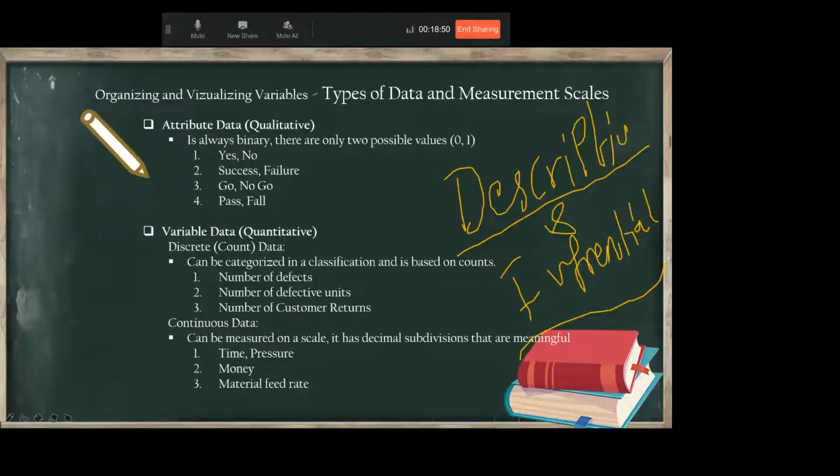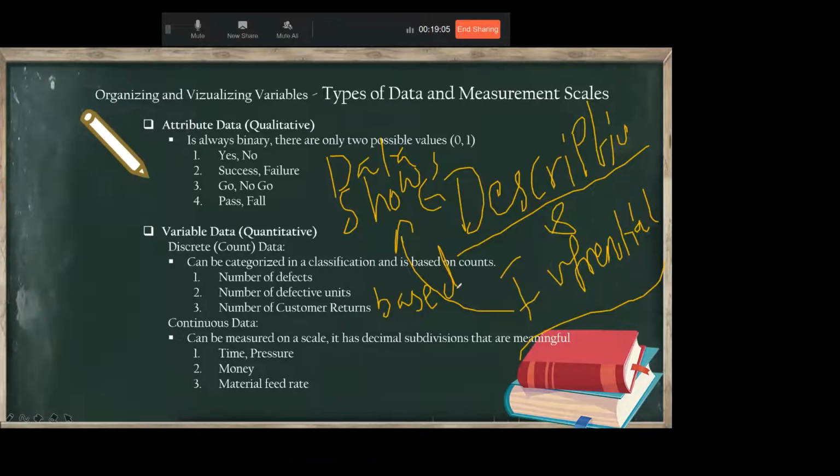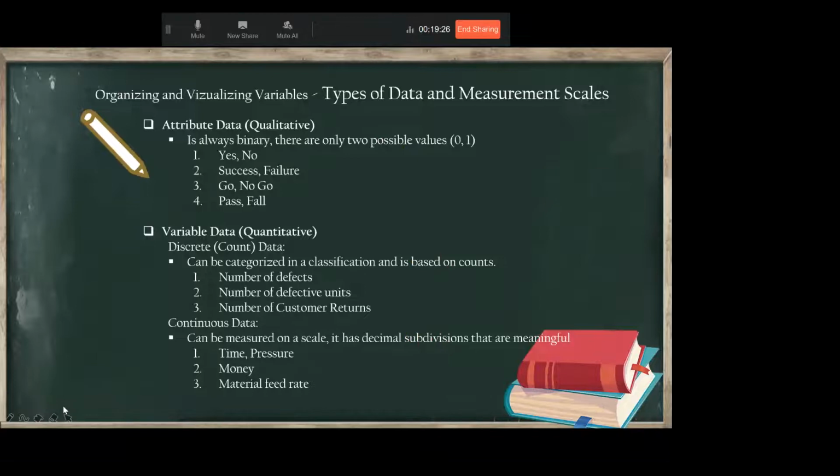So descriptive is what the data shows about the information. Inferential means based on this data, based on that picture of the information, we draw a conclusion, or you can also say a decision. We make decisions, right? That's the simple difference.